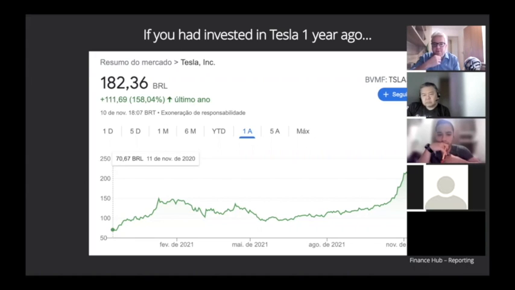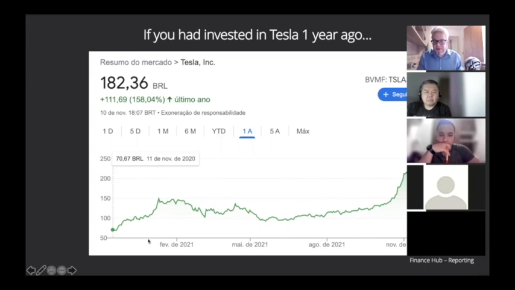There is a proposal being discussed in the United States that for these very high net worth individuals, like billionaires or maybe millionaires, I don't know the limits, they want to tax the people not only when they sell the stocks and then realize the gain. So imagine you invested 10,000, you sold for 25,000, you pay the tax when you sell. They want people to pay this tax just over the valuation, okay?